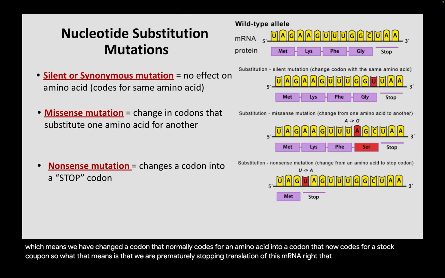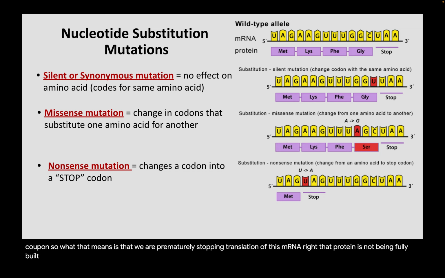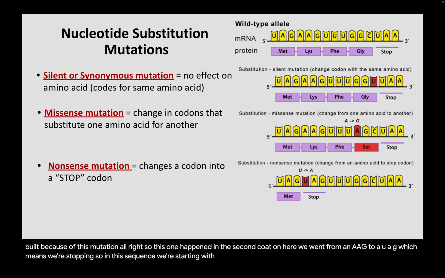That protein is not being fully built because of this mutation. This one happened in the second codon here. We went from an AAG to a UAG, which means we're stopping. So in this sequence, we're starting with our start codon, and then immediately we're met with the stop codon. Not very helpful. Not a great mutation to have happen.